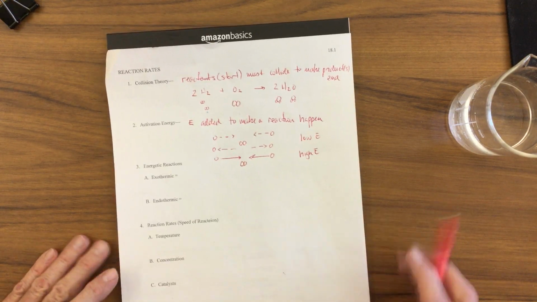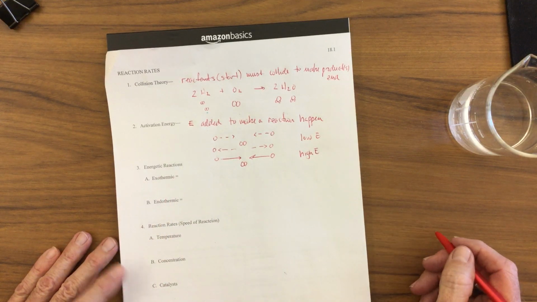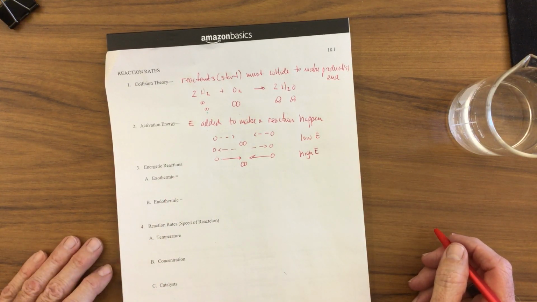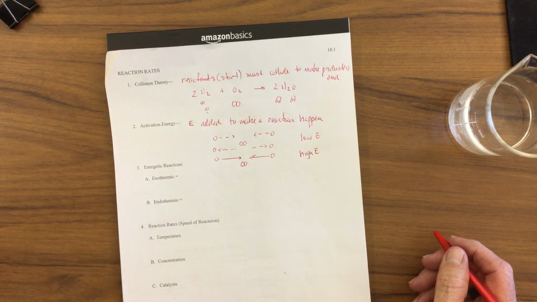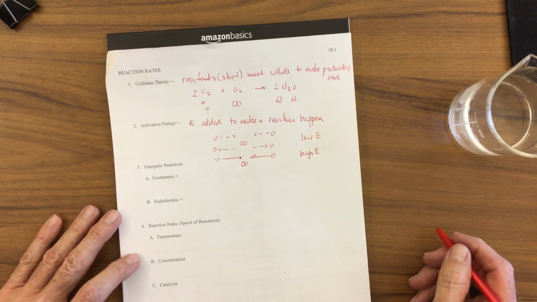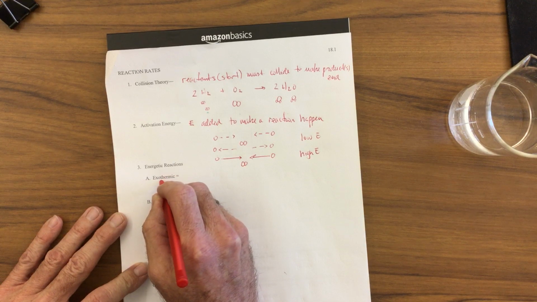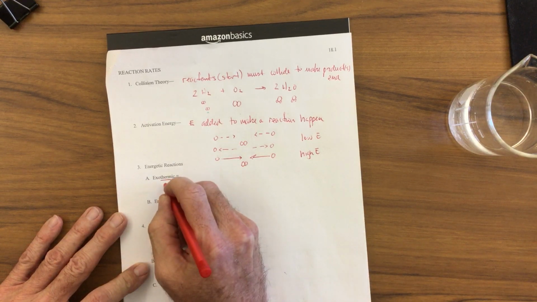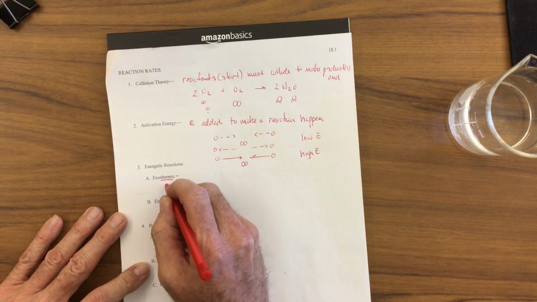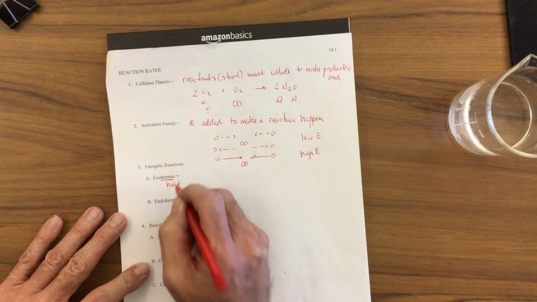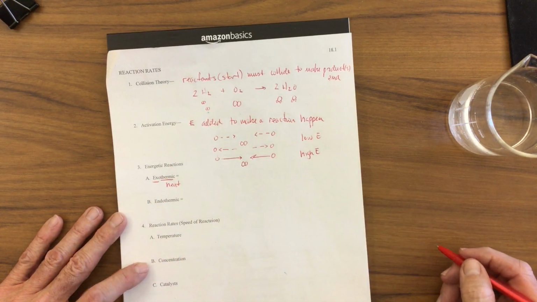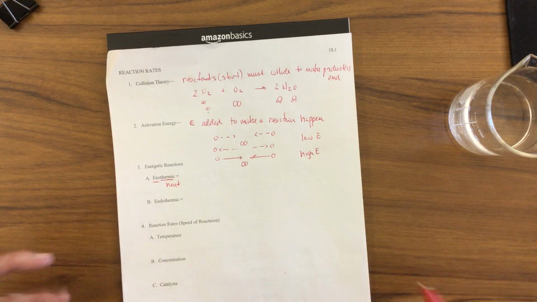So therm means temperature, like the thermostat. In the room, you want the temperature to stay the same, so you set your thermostat. So therm means heat or temperature, and exo is like exiting. Heat's coming out of the reaction.